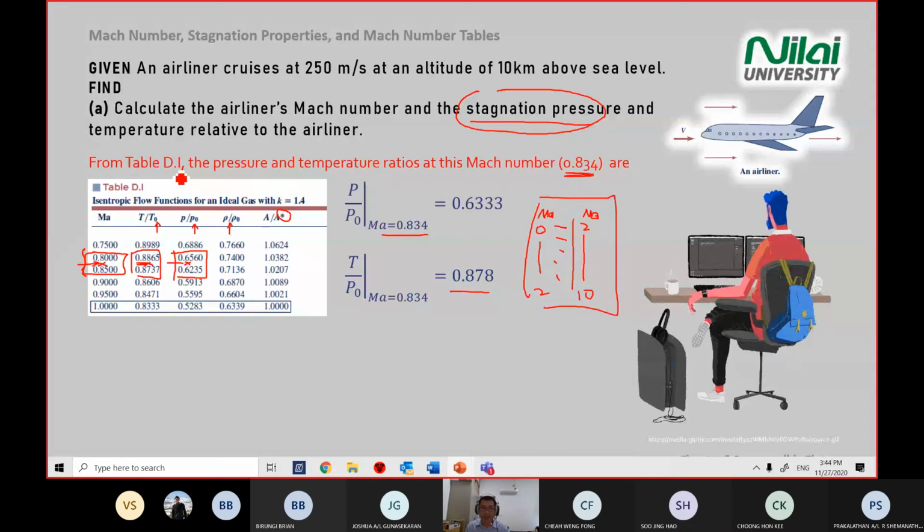Most probably you will need this in your final exam. Any question on the value to find stagnation pressure or stagnation temperature or stagnation density?